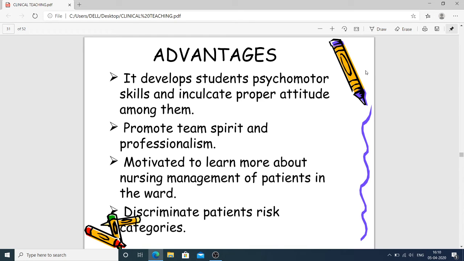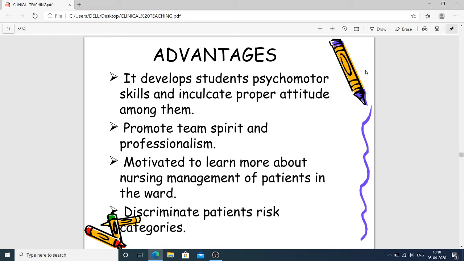Then advantages: it develops students' psychomotor skills. Psychomotor skills are the development of organized patterns of muscular activities guided by signals from the environment, for example, driving a car. And it inculcates proper attitude among them, promotes team spirit and professionalism.